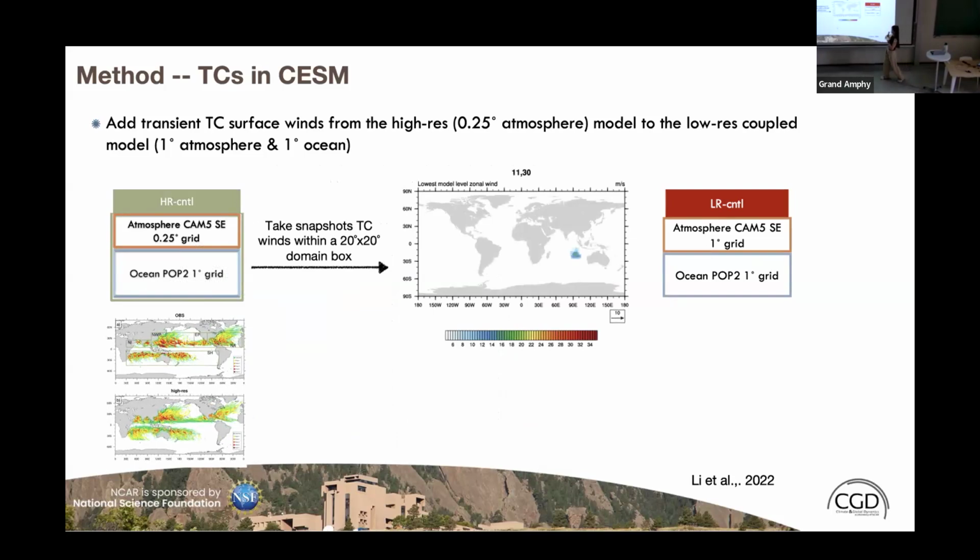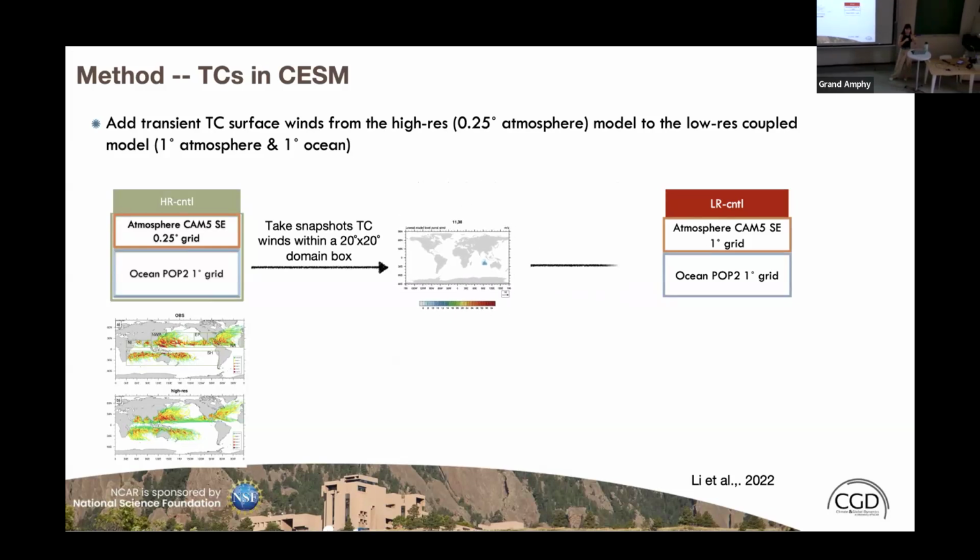We take snapshots of the TC surface winds within a 20 by 20 degree domain box. Then we collect all these TCs into a TC wind forcing repository, and all these TCs still preserve their timing and location and all the information we collected.